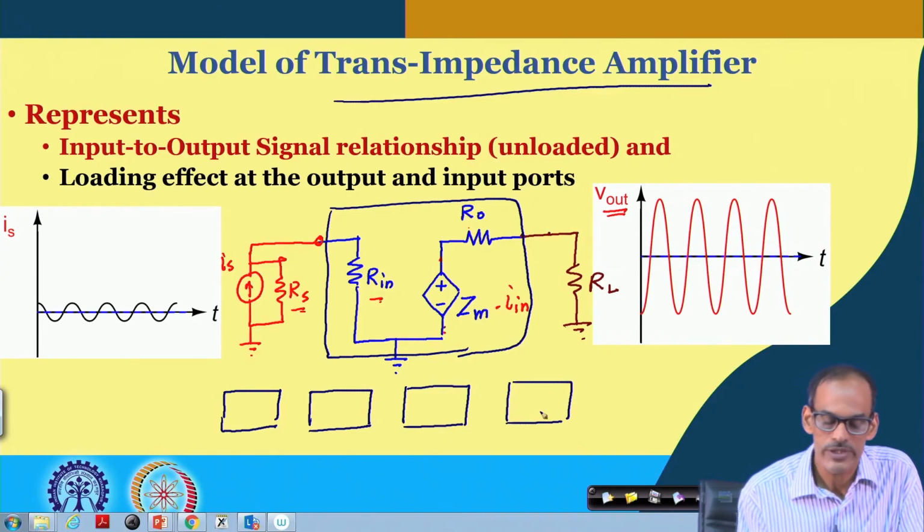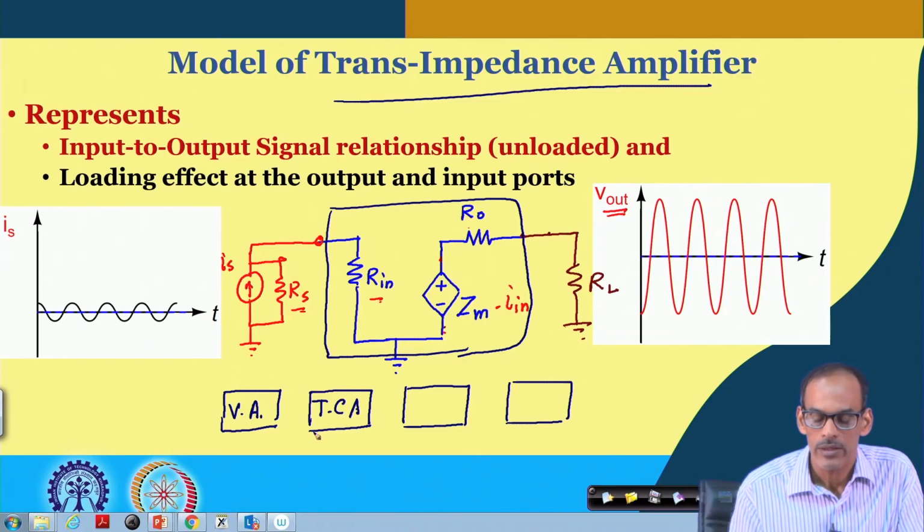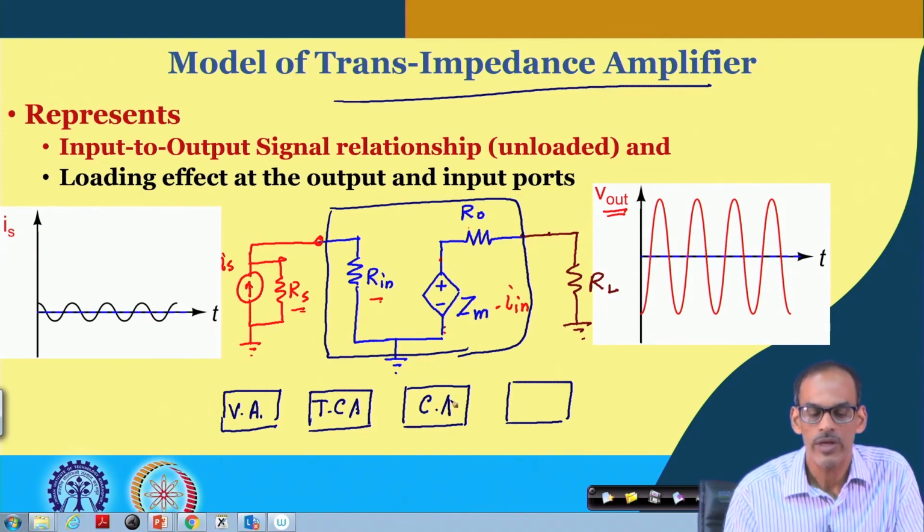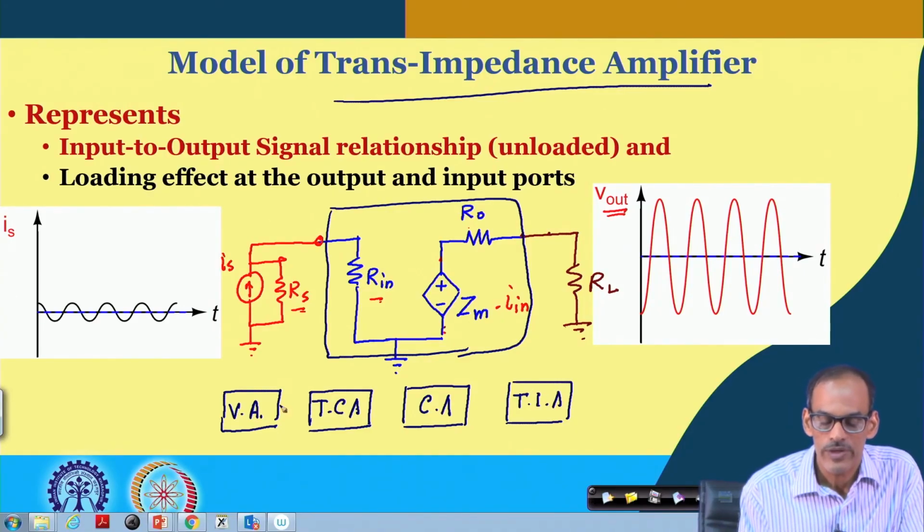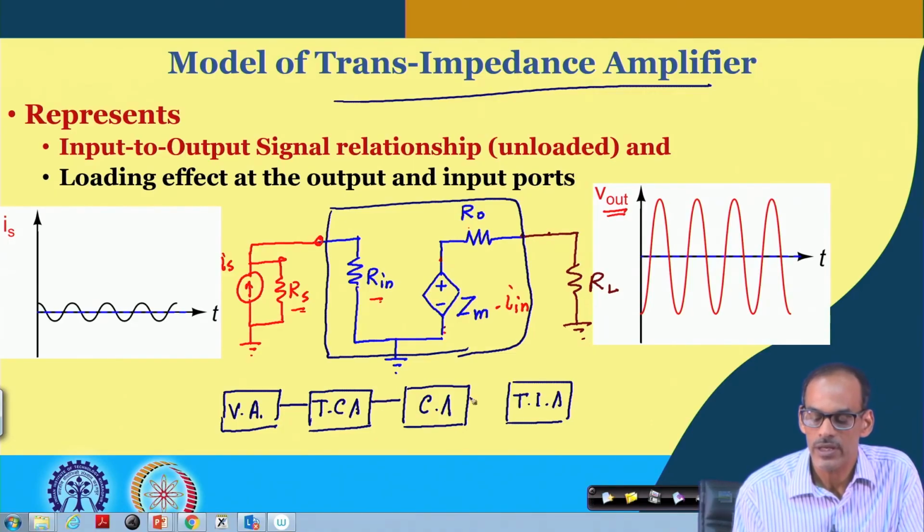Say, for example, this is a voltage amplifier, and then we have, say, a trans-conductance amplifier, and then you may have a current amplifier, and then we may have a trans-impedance amplifier. Note that while you are connecting them, the signals are consistent.